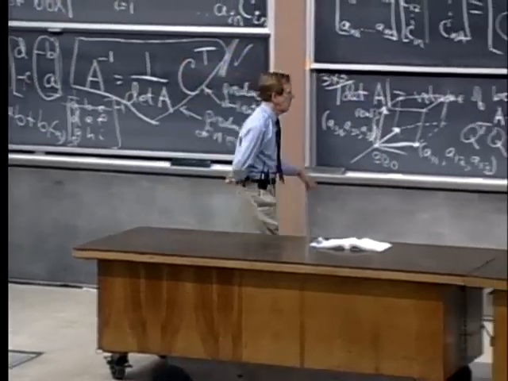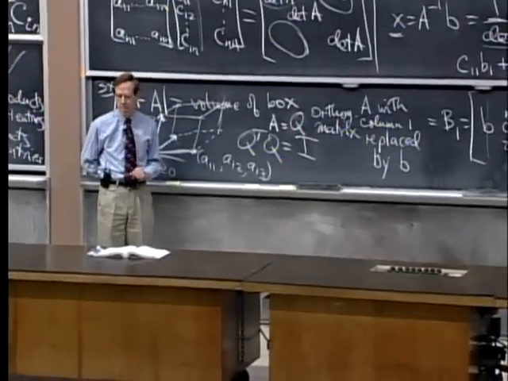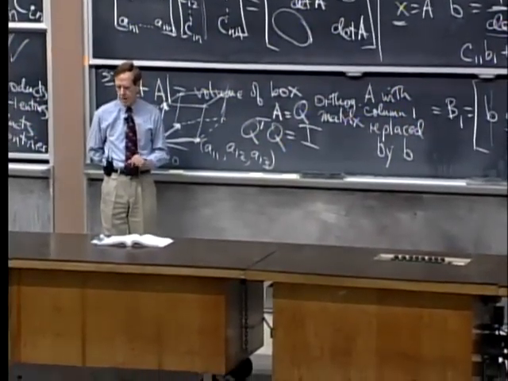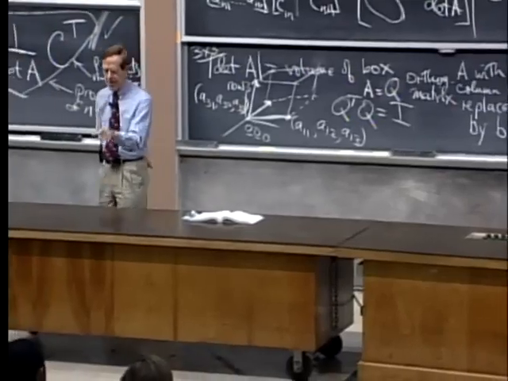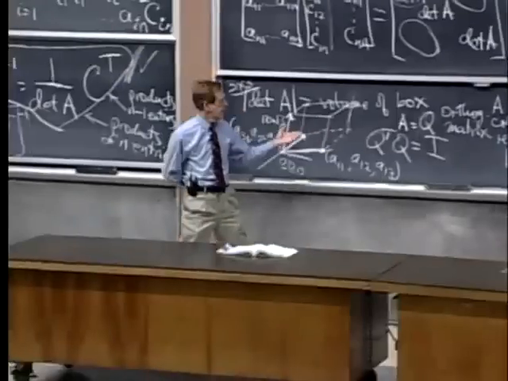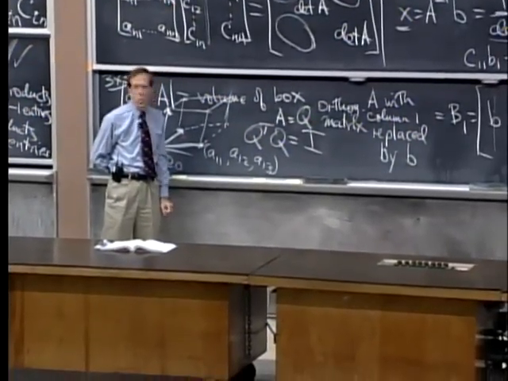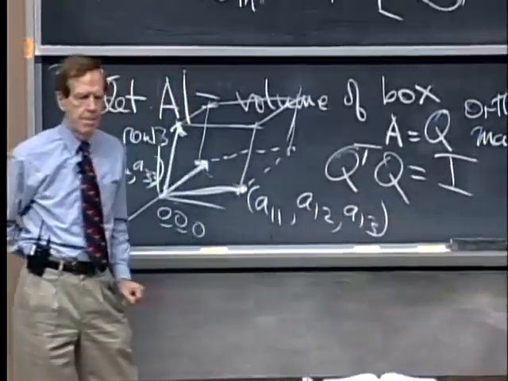This may even be a homework problem. It's there in the list of exercises in the book, and let's just do it. How do I discover that the determinant of Q is 1 or maybe minus 1?